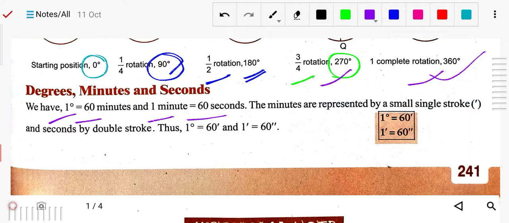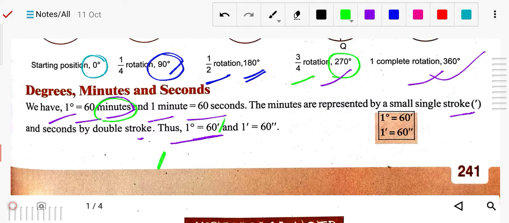And now it is denoted by the small stroke and the double stroke. The double stroke is the denotation for the second. You can see that 1 degree equals 60 minutes, so in the place of minute we can write this single stroke sign.